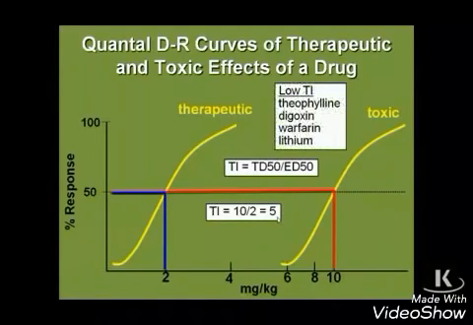I'm going to give you a high yield list of drugs with a low therapeutic index. Now this is not all the drugs that have a low therapeutic index, just several that are very important for you. Theophylline, which we've used as an example a few times now, for example back in drug metabolism. Digoxin, warfarin, and lithium. And certainly there are many others that may come to mind that you could add to this list.